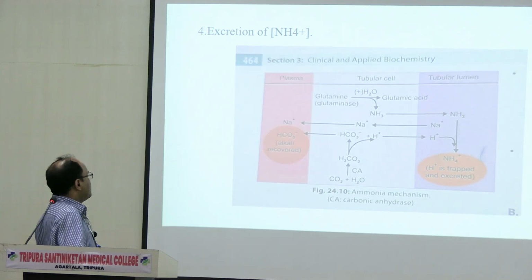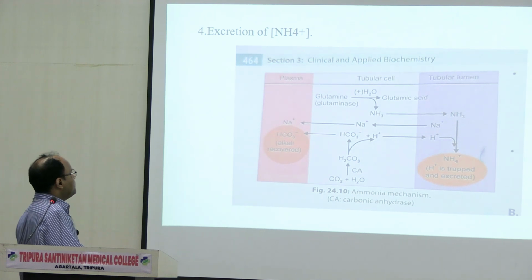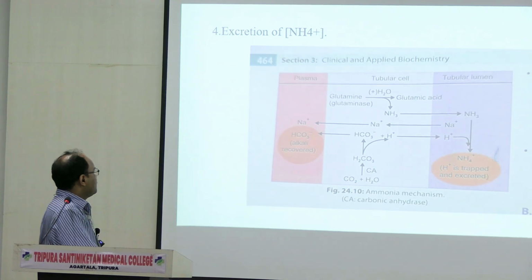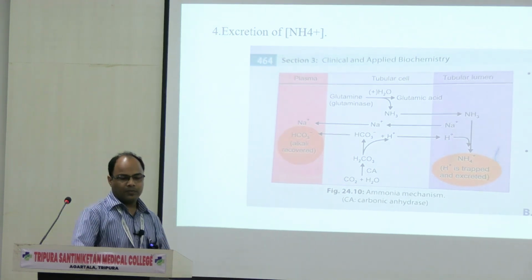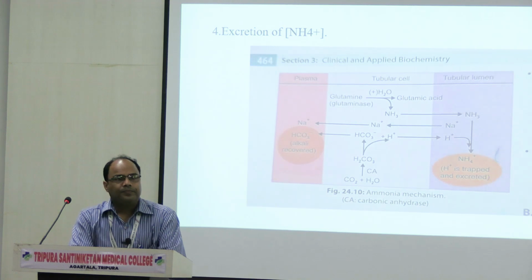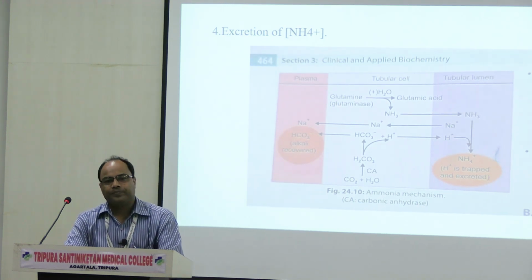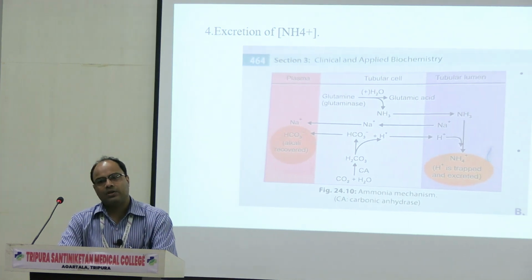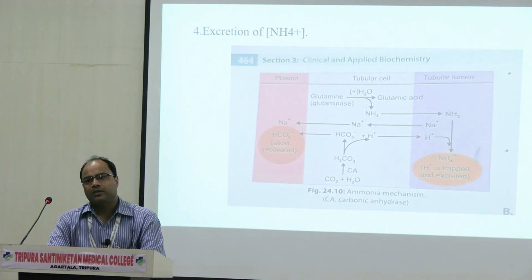So by this way hydrogen ion along with ammonia is excreted in the tubular lumen. So these are the four mechanisms by which pH is maintained in our body. So this is our first class. Next class we are going to discuss the disorders of pH in our body.